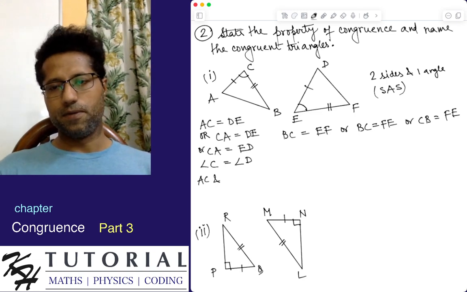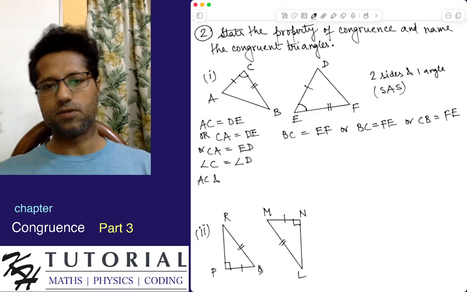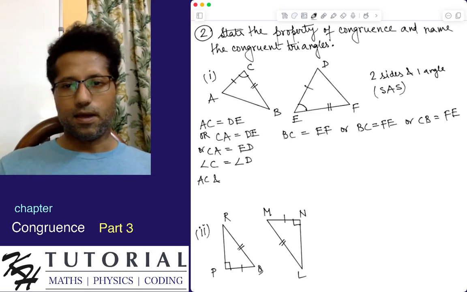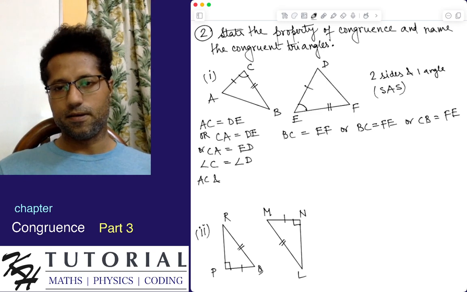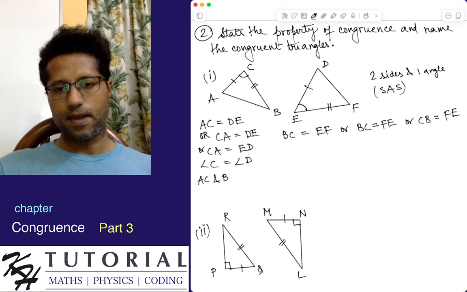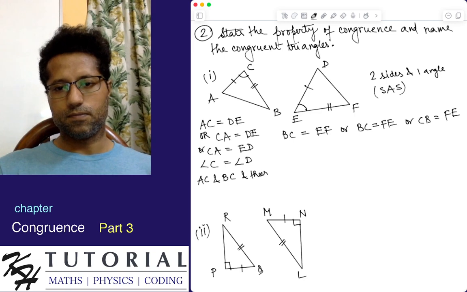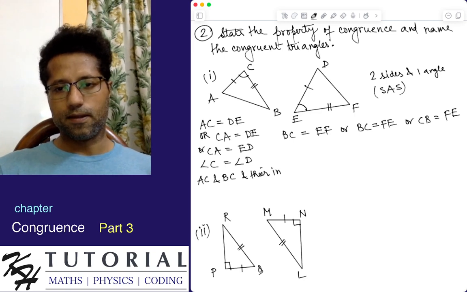So in the three pairs of matching parts, we can see two pairs are two sides and one angle. In the triangle ABC, the sides are AC and BC, and we can also see their included angle.